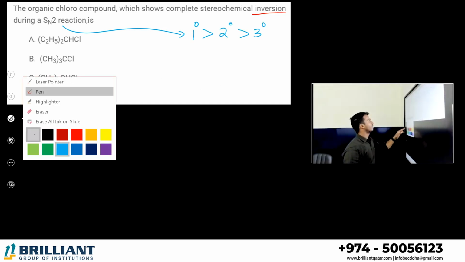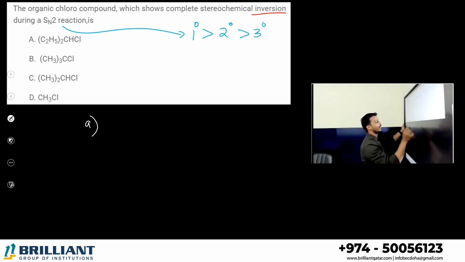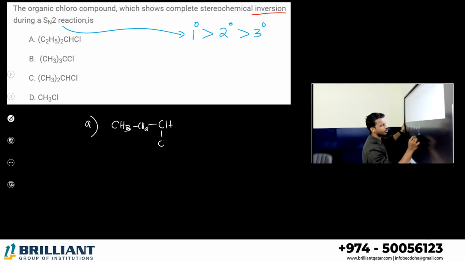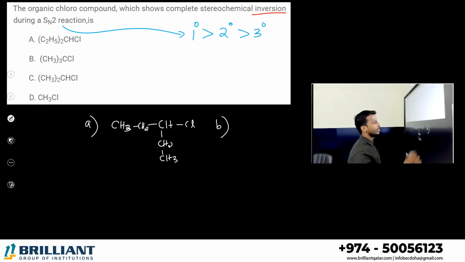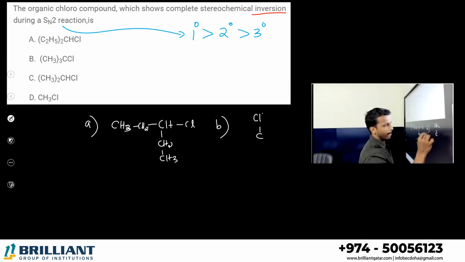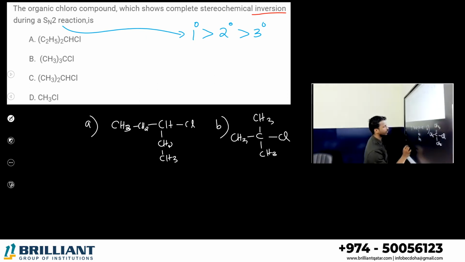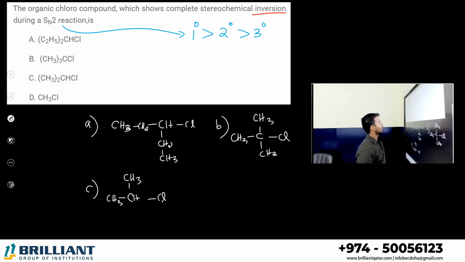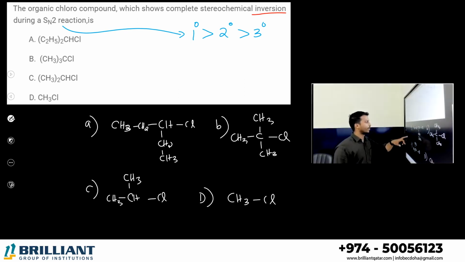Compound A is CH with two ethyl groups and one chlorine. Option B is tertiary butyl chloride. Option C is CH connected to CH3, CH3 and one chlorine. Option D is CH3Cl.